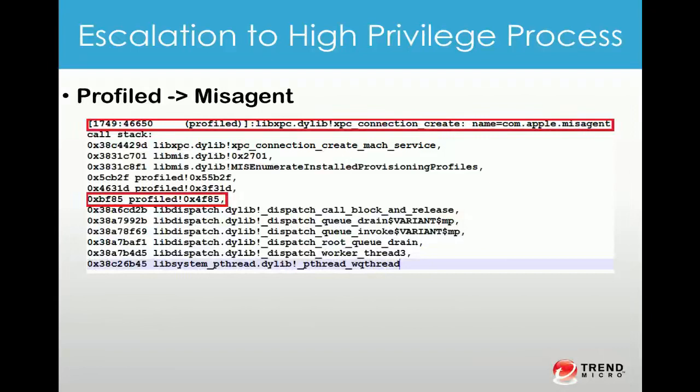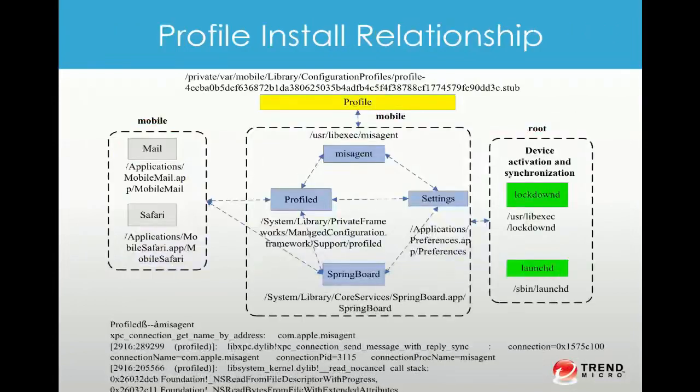For example, misagent would be triggered to enumerate installed profiles and XPC with the lockdown daemon with root privilege. As the real vulnerability, we have found a Springboard process would have a heap overflow when reading a huge amount of web clip icons to show on the iPhone screen. This is the whole attack chain.